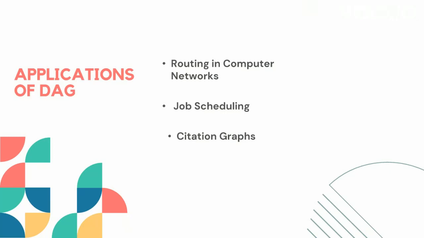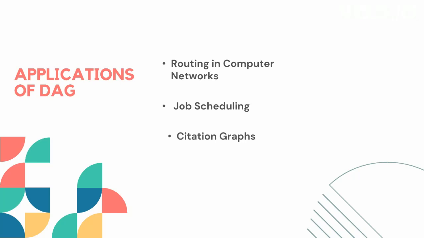Some of the applications of directed acyclic graphs are routing in computer networks. Routing is the process of selecting and defining paths for IP packet traffic within or between networks, as well as the process of managing network traffic overall. The second one is job scheduling.